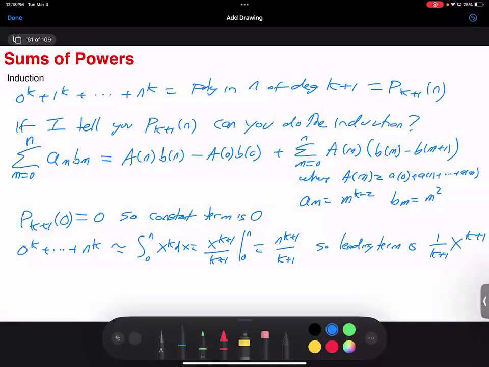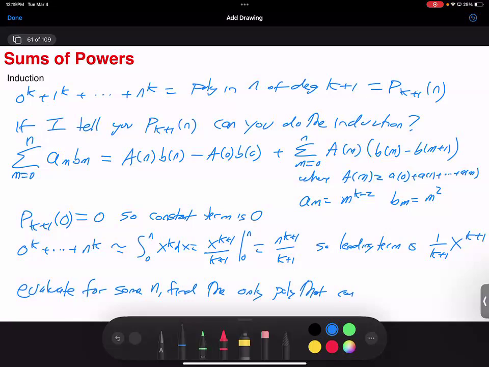So we could evaluate for some n, find the only polynomial that can work by interpolation, and then solve by induction.